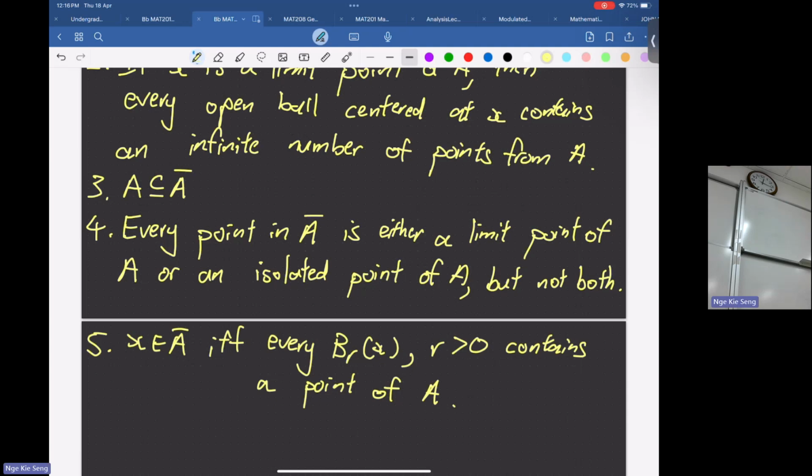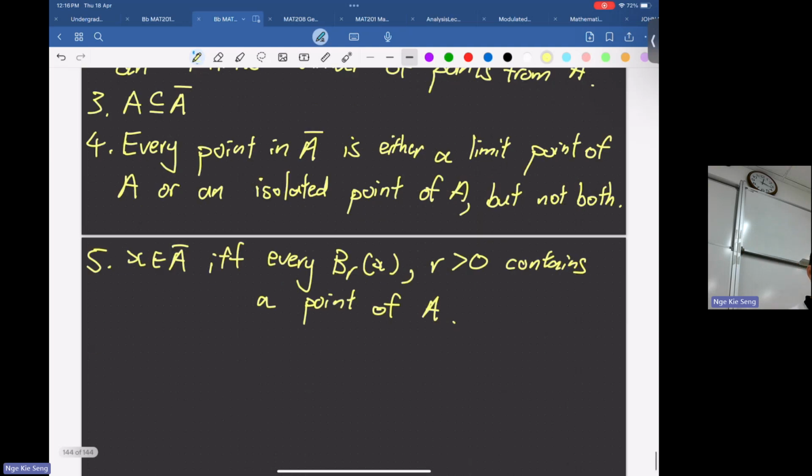If you have a ball around yourself that contains a point in A, what does it mean? This point of A could be x or could be not x. If it is not x, what happens? Should I draw it? Let's draw it so that you have something to imagine.